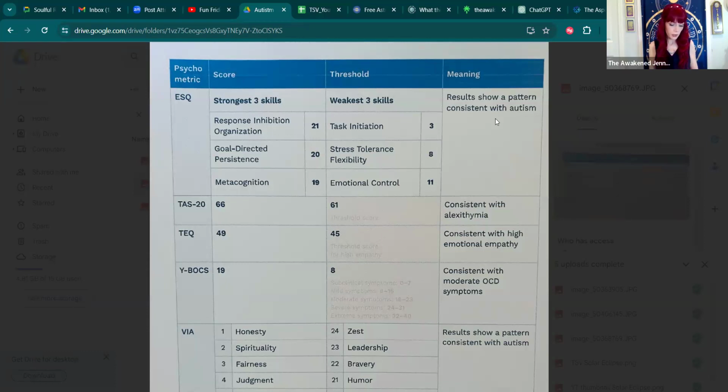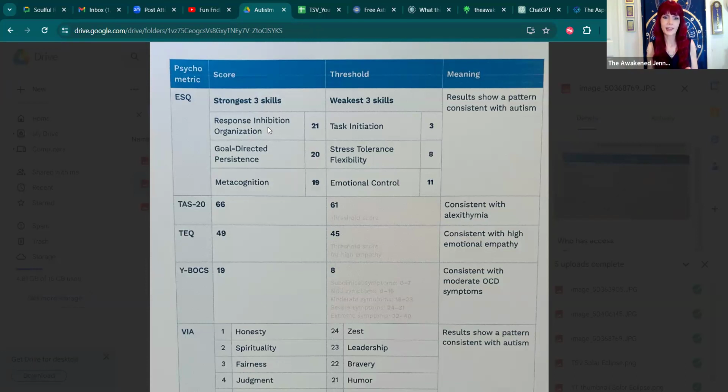So autistic adults show a decrease in flexibility and planning, while autistic adults with ADHD show a decrease in flexibility, planning, and response inhibition. Time management is often a challenge for ADHD as well. So my strongest skills are actually my response inhibition. So that's how I know that I'm not ADHD because I'm not impulsive.